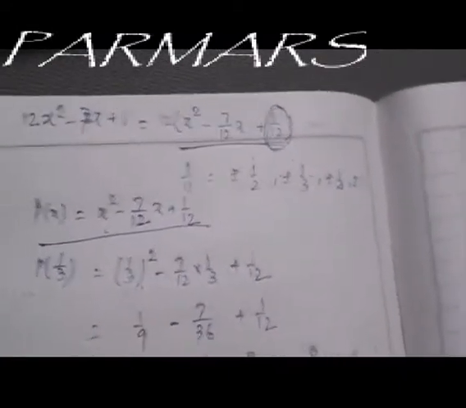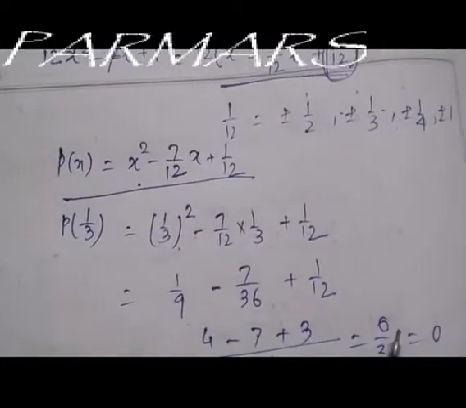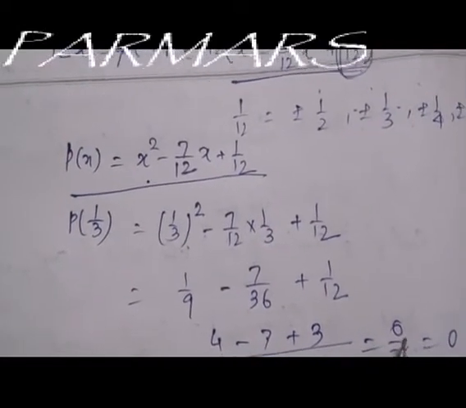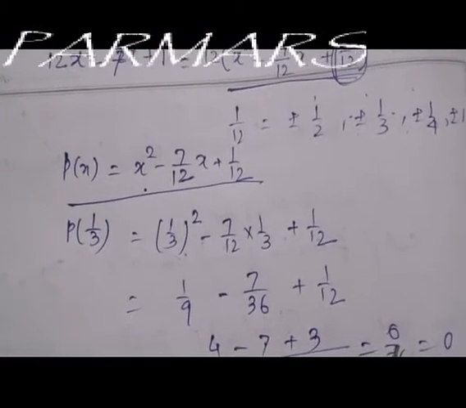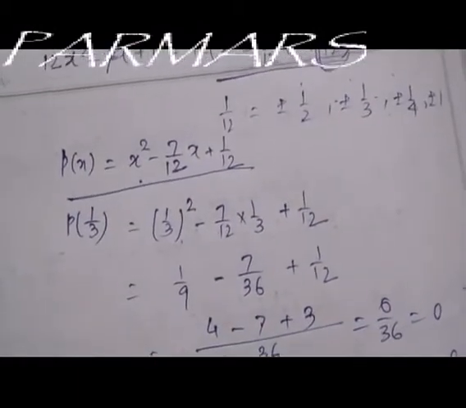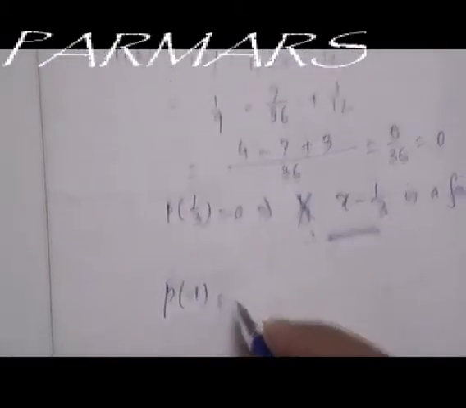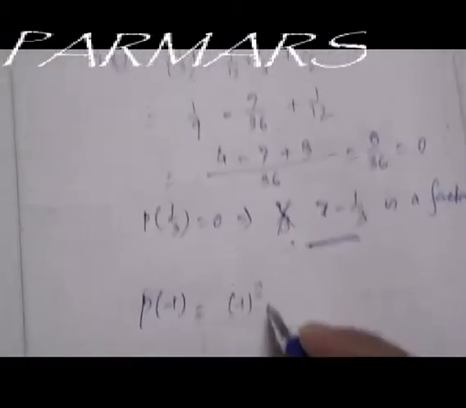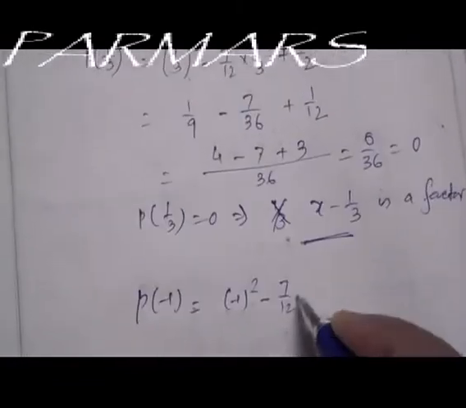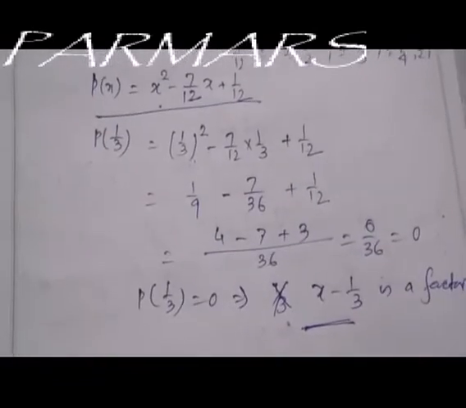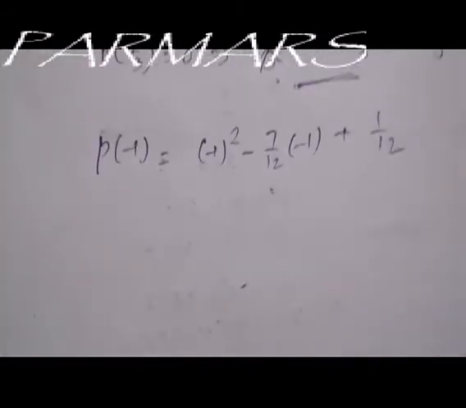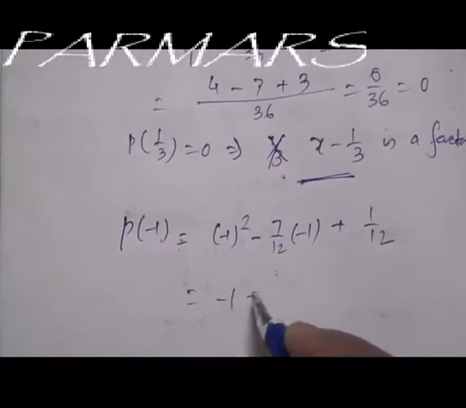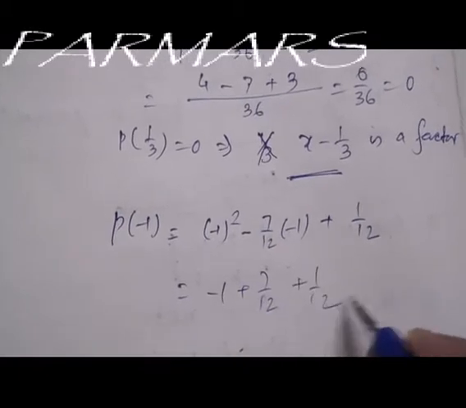Let us try to take. Here we see that if you put minus 1, let us try p(minus 1): x square, minus 1 square minus 7 by 12 into minus 1 plus 1 by 12. I think this is not going to be 0. Minus 1 plus 7 by 12 plus 1 by 12.